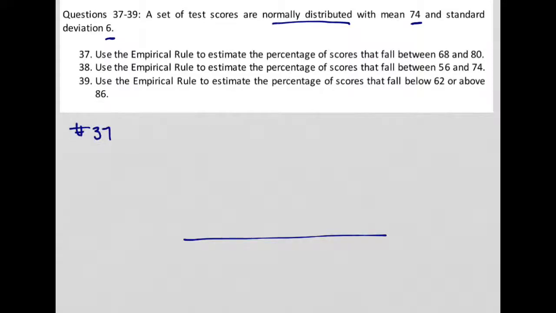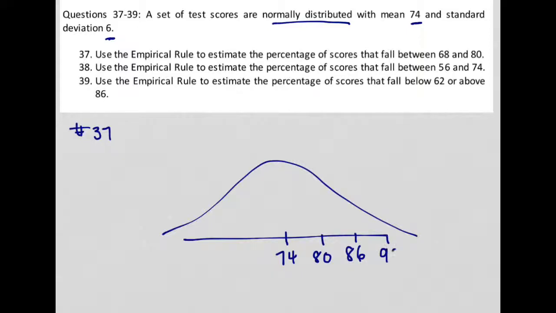So this is number 37, and I have my bell-shaped distribution, and we know that the mean is 74, that falls in the middle, and the standard deviation is 6. So one standard deviation above 74 is 80, and two standard deviations above is 86, and three standard deviations would be 92. And then I'll go in the reverse direction.